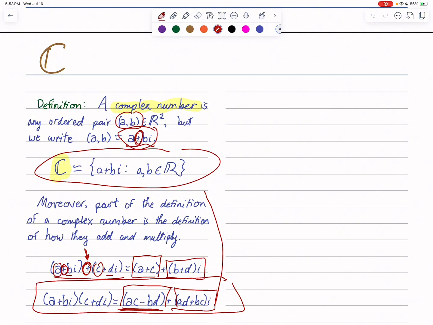Of course, if you did just pretend as if all of the additions meant the same thing, and like you just pretend like i is just a legitimate number or something, you would think that you can just multiply this out. You'd take a plus bi times c plus di.